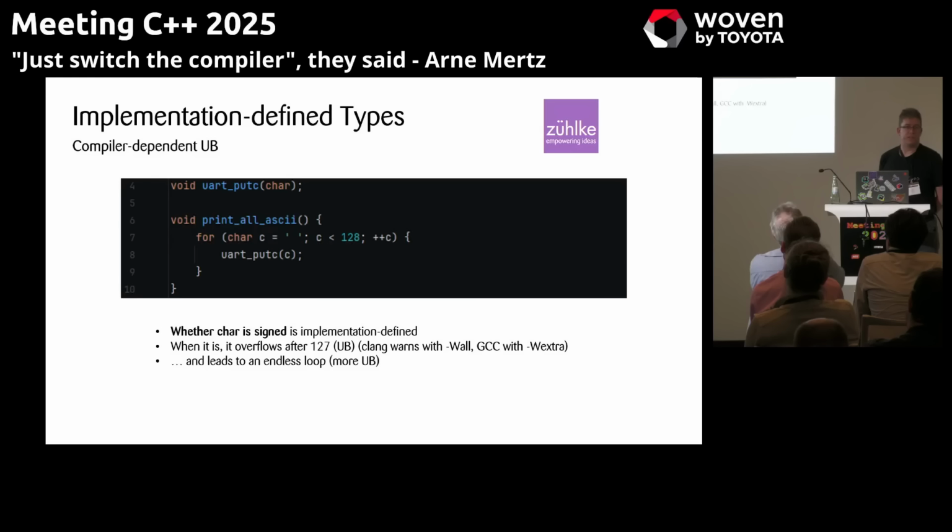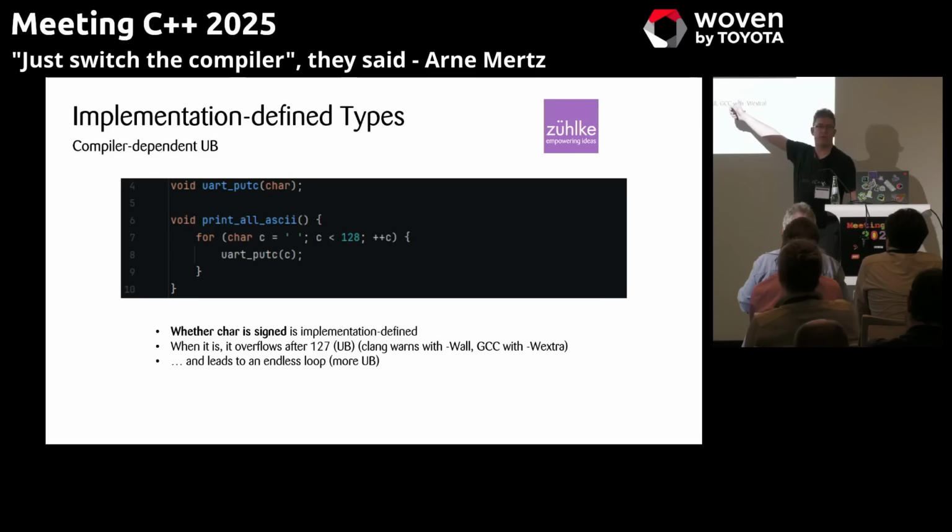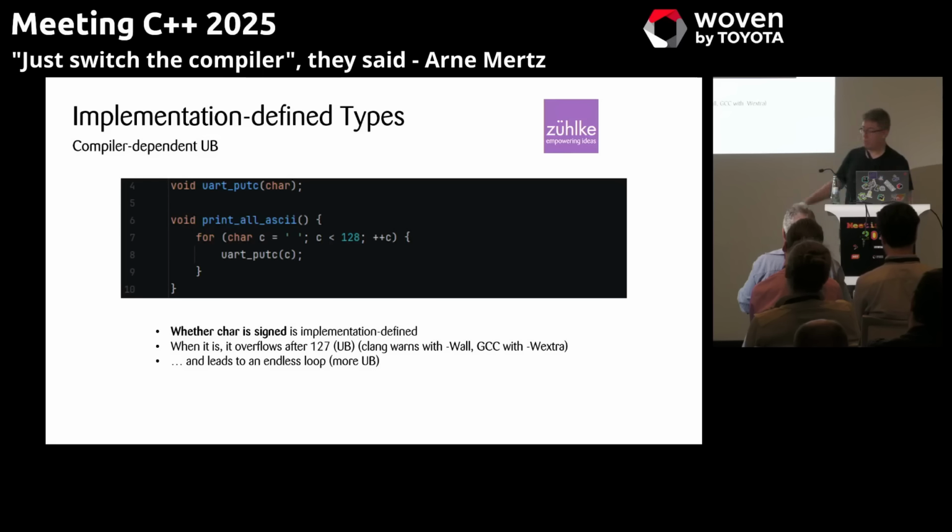On Intel, it's signed, so 127 is the maximum. So this is always true, and the loop will go round and round and round. So you have int overflow, undefined behavior. You will try to put out non-printable characters, negative characters, whatever. I'm pretty sure there was some undefined behavior in that as well.